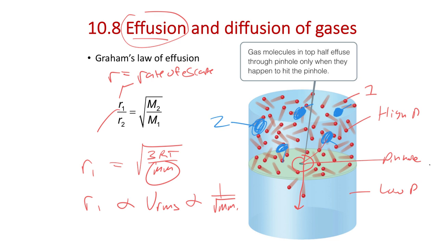So a compound is going to have a faster rate of escape when it has a higher root mean square velocity, and it's going to have a higher root mean square velocity when it has a lower molar mass, because we have that inverse relationship to the molar mass. That's how the rate of compound 1 relates to molar mass 1, compared to the rate of escape of 2 relating to the inverse of its molar mass.